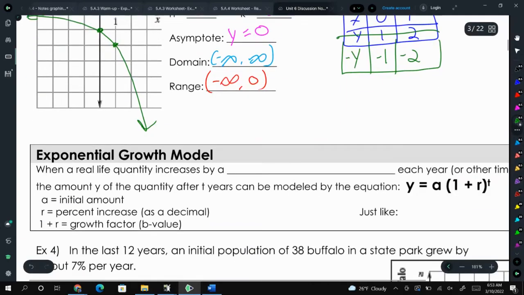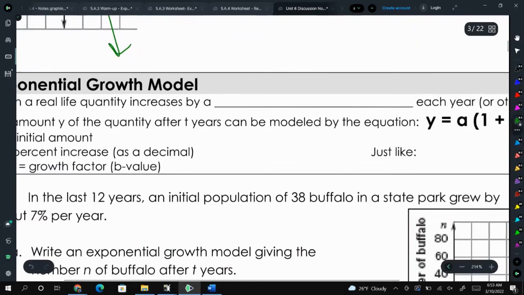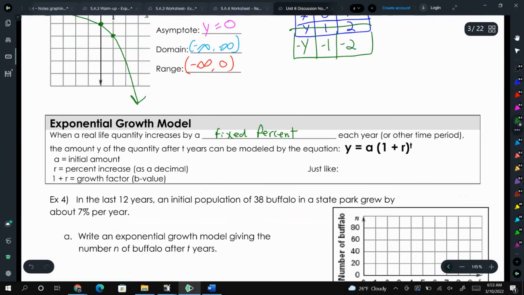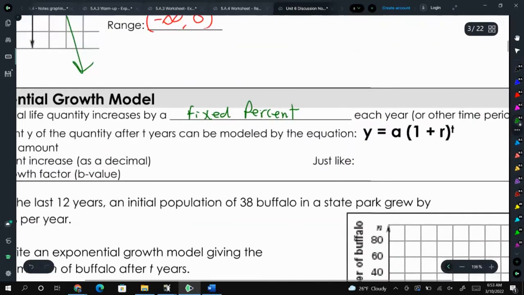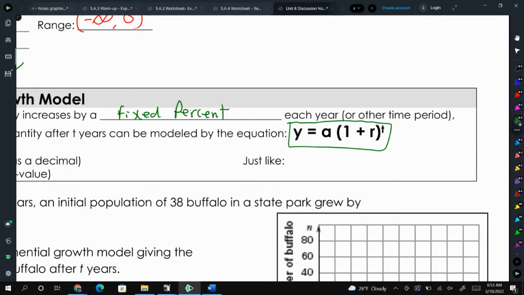Right, now down here, we're going to talk about an exponential growth model. So when a real life quantity increases by a fixed percent each year or other time period, the equation that we use to figure out what it will be worth after a certain amount of time is this equation.